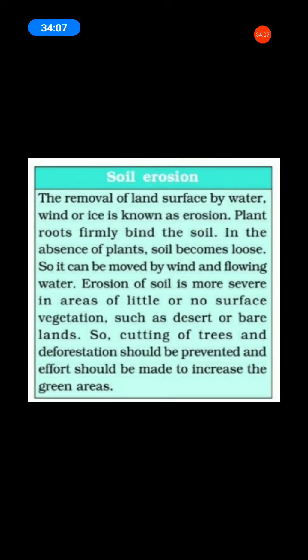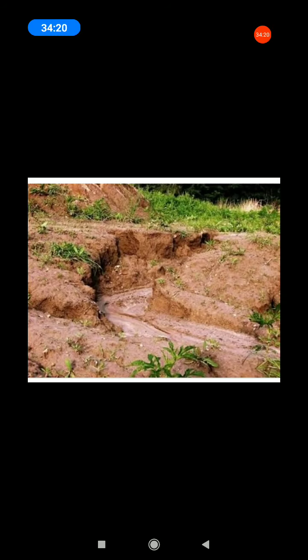Can you understand? Soil erosion is the removal of land surface by water, wind or ice. Underline the words. Now see first the picture, this is a soil erosion picture.